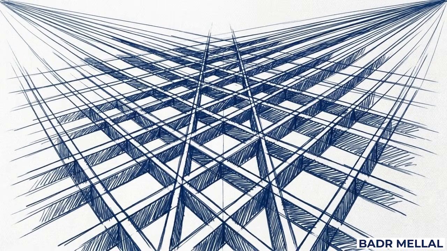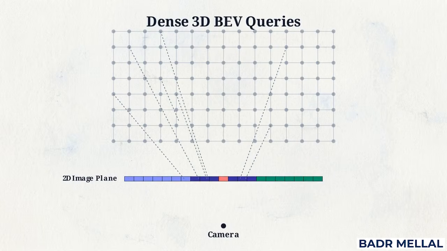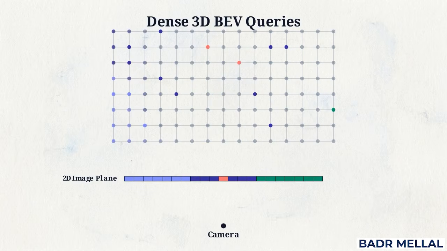Backward projection architectures, like BEVFormer, were engineered specifically to eliminate the sparsity of LSS. Instead of pushing pixels outward, this method generates a dense grid of uniform 3D queries in the bird's-eye view space. The mechanism operates in reverse, projecting rays from these 3D queries backward onto the 2D image planes to sample visual features.